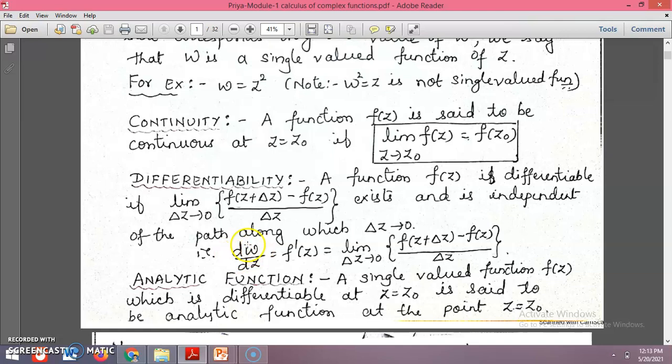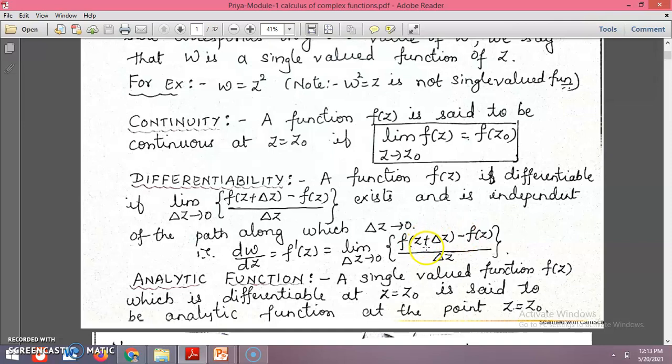In the derivative, dw, where w is a complex function of the complex variable z, dw by dz is f dash of z, that is, the limit of f of z plus delta z minus f of z divided by delta z as delta z approaches 0.